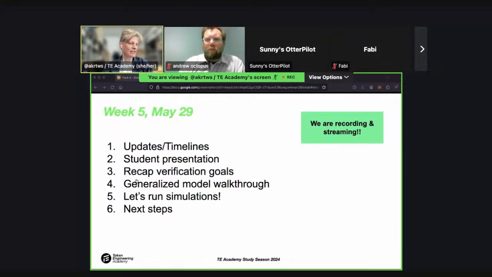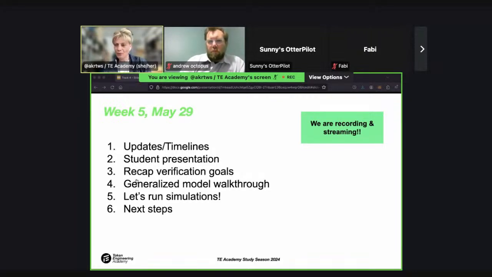First, I'd like to give you some updates on timelines just as a refresher. Then, Felix is going to present. We'll recap the verification goals. This verification stage is super important. We want to make sure that we've selected the best possible algorithm and voting design for the fellowship prize winner voting.